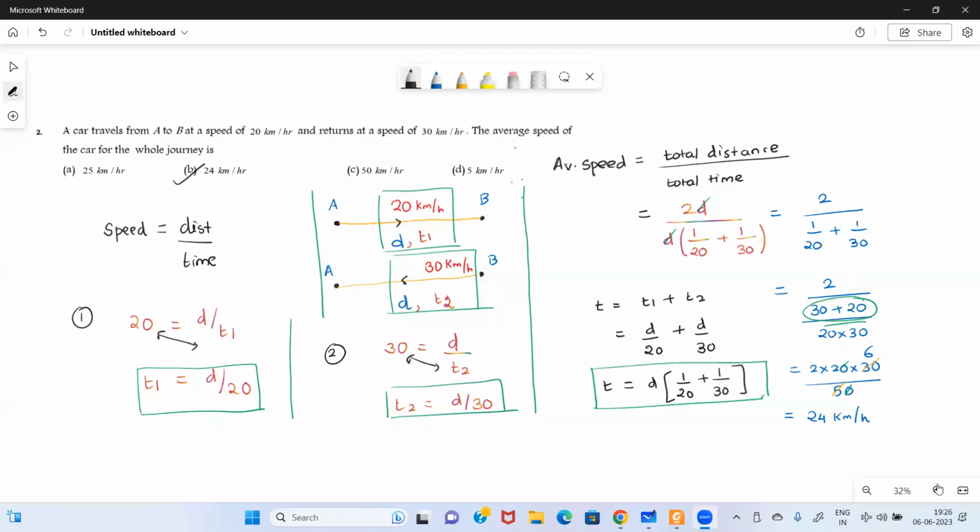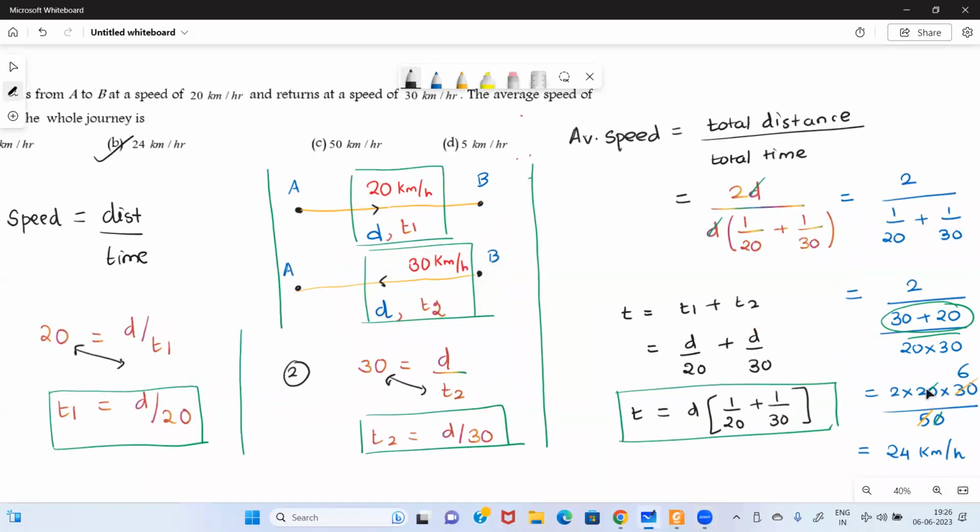Any doubts in this, students? So you can clearly see we are just using the formula speed is equal to distance by time. That's all.